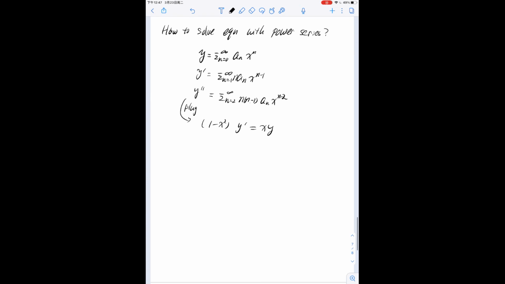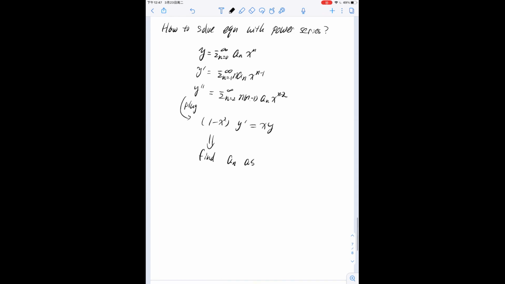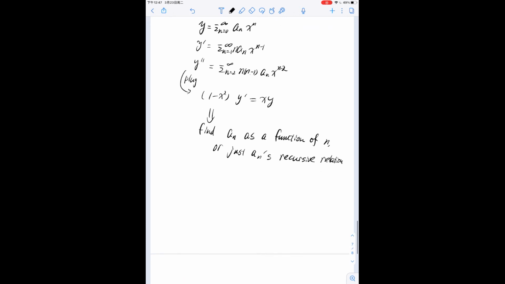And then we try to find the representation of an as a function of n, or just an's recursive relation.